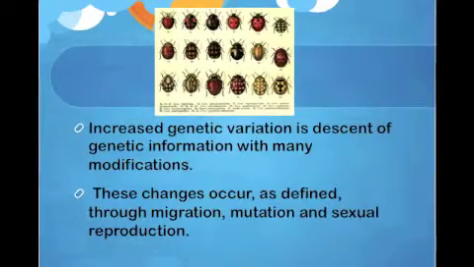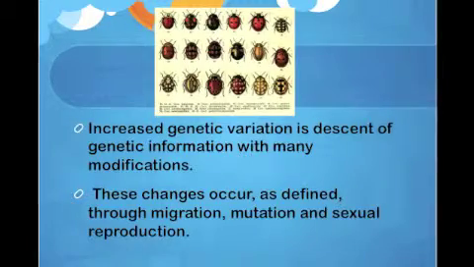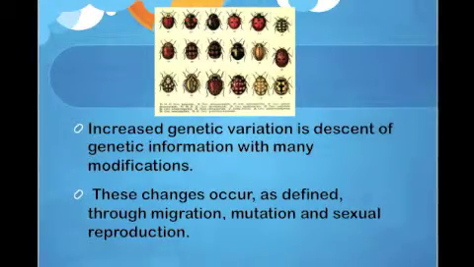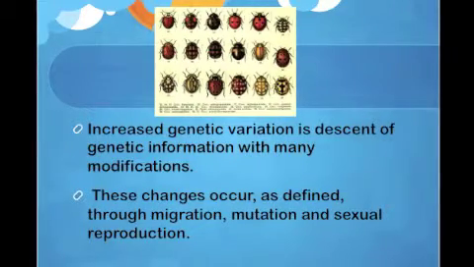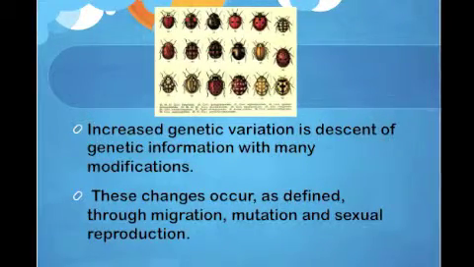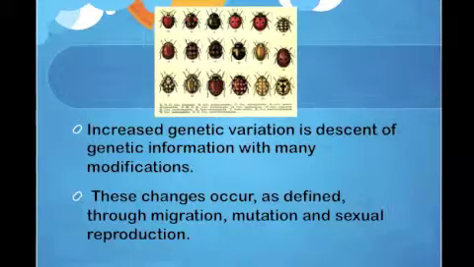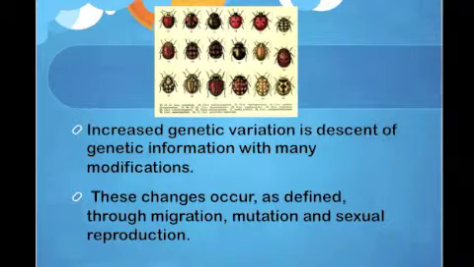Increased genetic variation is descent of genetic information with many modifications. These changes occur as defined through migration, mutation, and sexual reproduction.